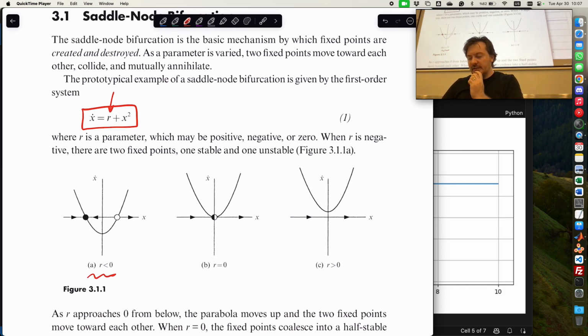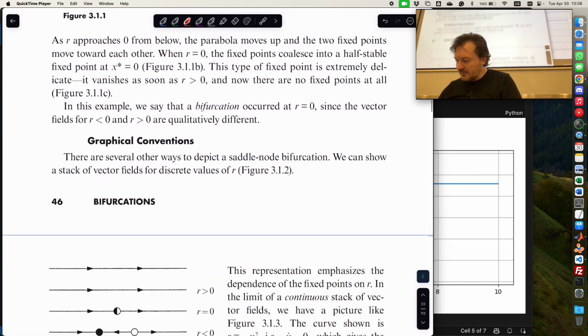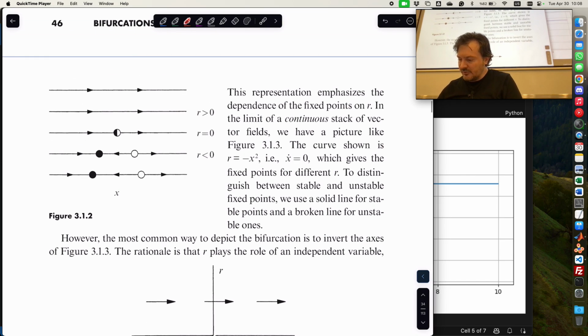For r less than 0, what do you have? One stable, one unstable fixed point. Do you see that? But right at r equals 0, you have a half stable point, right? Then once r is greater than 0, you have no fixed points.